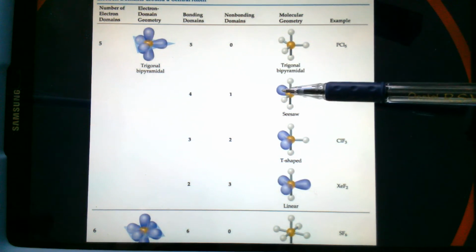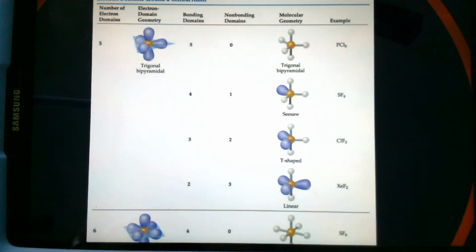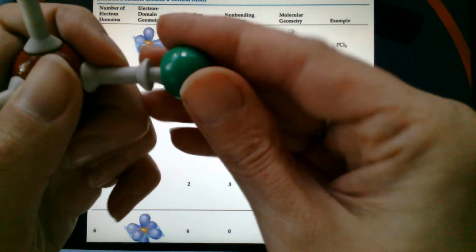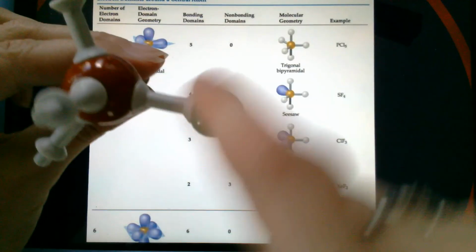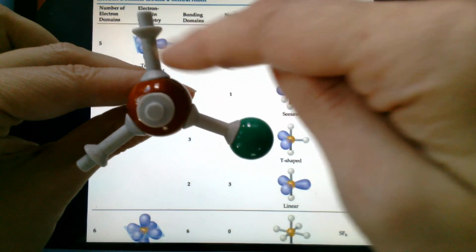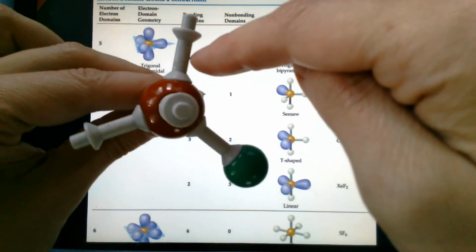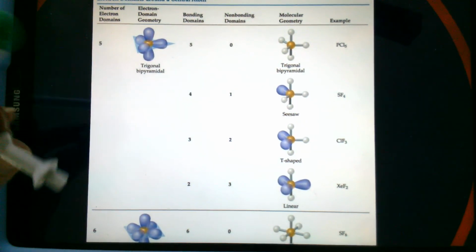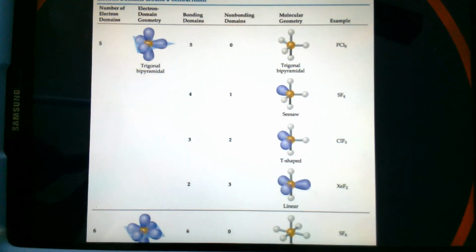So we put lone pairs into shapes with more space. If we were going to have a lone pair on this, it always goes in the planar position. You get 120 degrees between your electron groups here. If it's here, it's at best 90 degrees from everything. So lone pairs go in the plane.